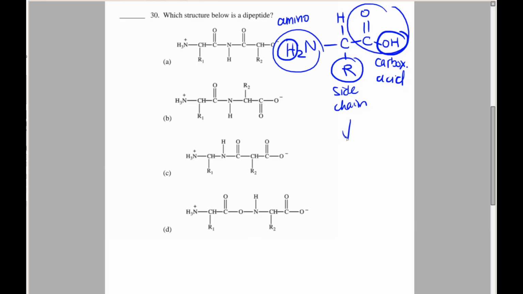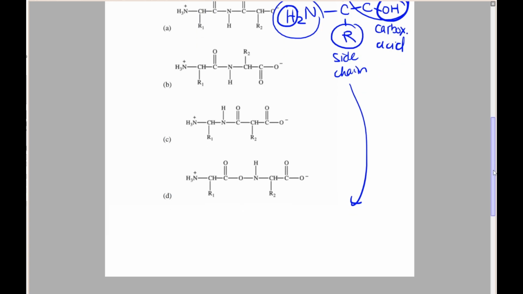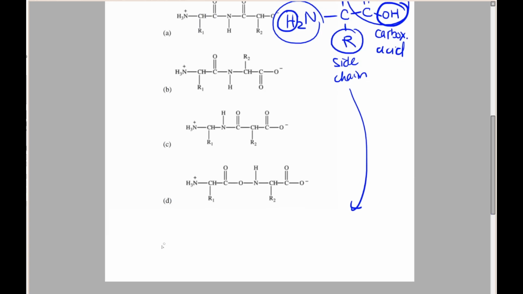So when we put these together into two amino acids, I'm going to draw this over here. We're going to get something like this, where we have one amino acid, and then instead of having this OH group at the carboxylic acid position, we're going to have this peptide bond to another amino acid. So it's going to look like this.